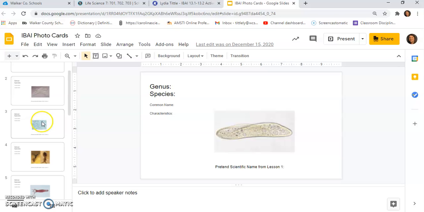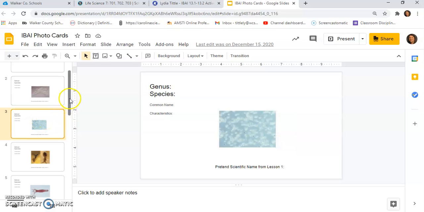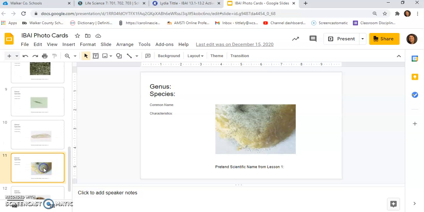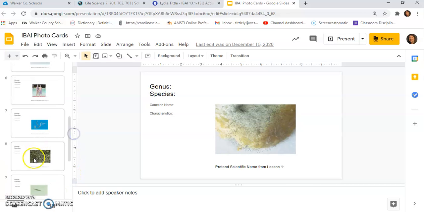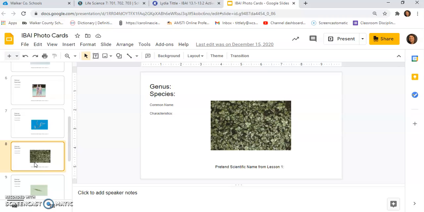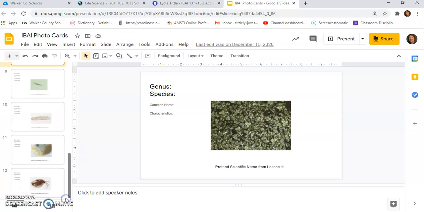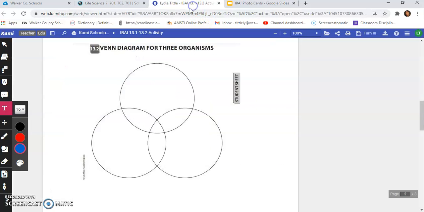So for the fungi, you can choose either the yeast or the black bread mold. Or you could choose to do the plant kingdom. Our plant representative in this unit was duckweed. So make sure for your Venn diagram with the 3 organisms that you choose something from a different kingdom. So kingdom 1, kingdom 2, something from kingdom 3.